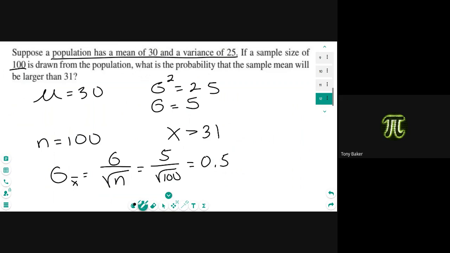All right, we good so far? Good. I want to know the probability, which means I need to find my percent. How do I find my percent? I gotta get my z-score. We're going right back to z-scores. Gonna do the exact same thing we were doing before, so you still need that table.